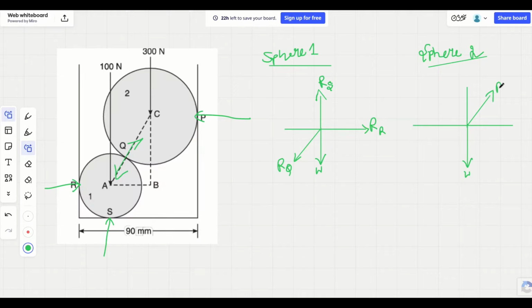And next one is this P, reaction force P. So this is how you draw the free body diagram. So RQ is done. Just look at the alphabetical order, P, Q, R, S. Correct? So everything is done. This is how you draw the free body diagram for this.